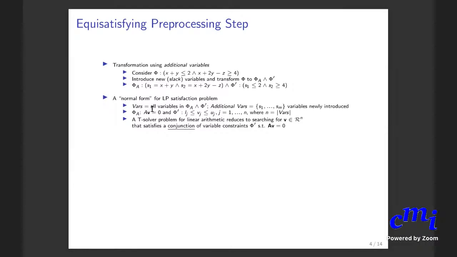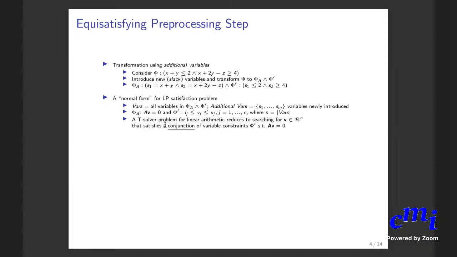There are the original program variables as well as the newly introduced variables, and you have a set of equations and a set of lower and upper bound constraints, and the bound constraints are expressed only on the newly introduced variables.